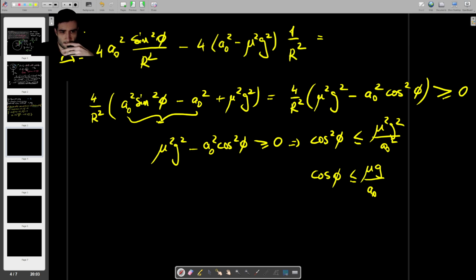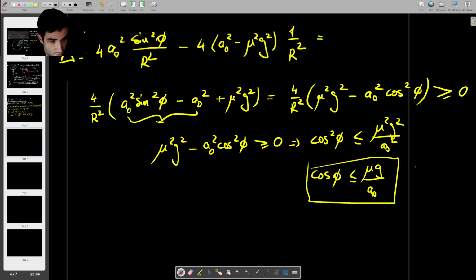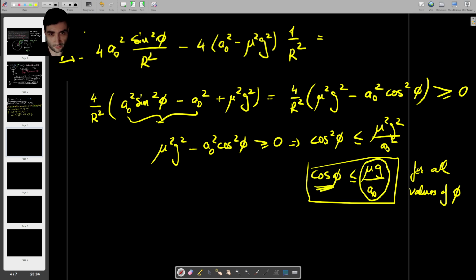Okay, now this has to be true, actually, for, so okay, what I'm doing is I'm assuming that my cosine of phi is positive in this case, and this has to be true for all values of phi, and we don't really care about this being negative because we know that mu g over a0 is positive, so we only care about this inequality when the cosine itself is positive.